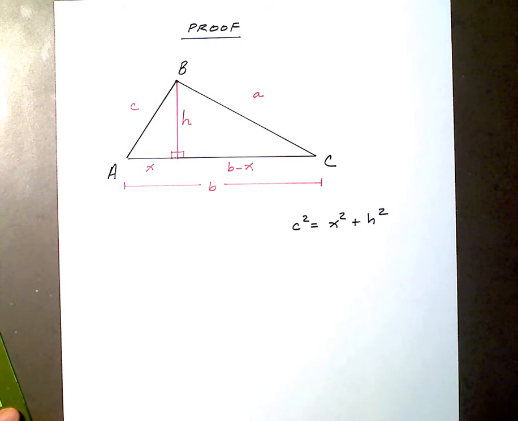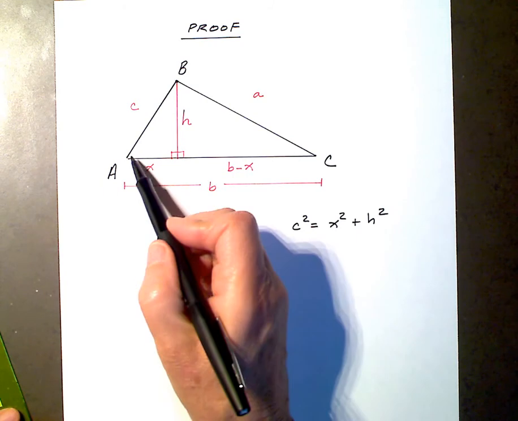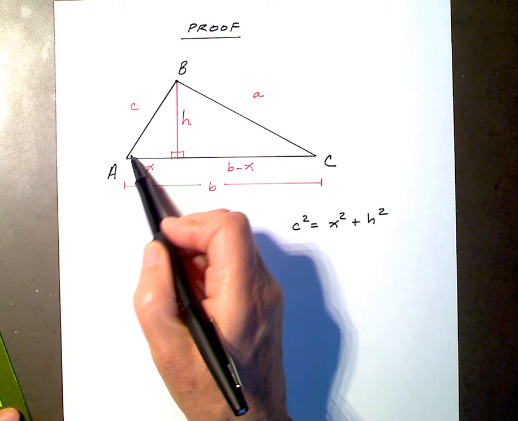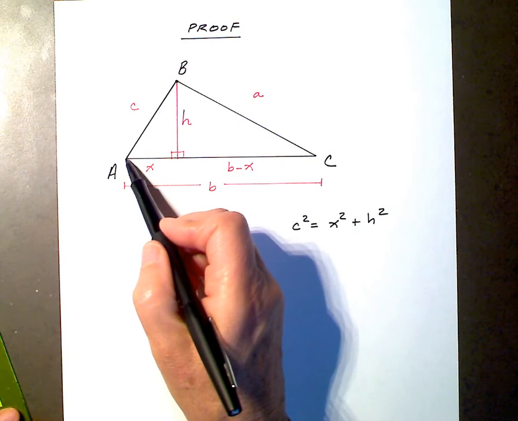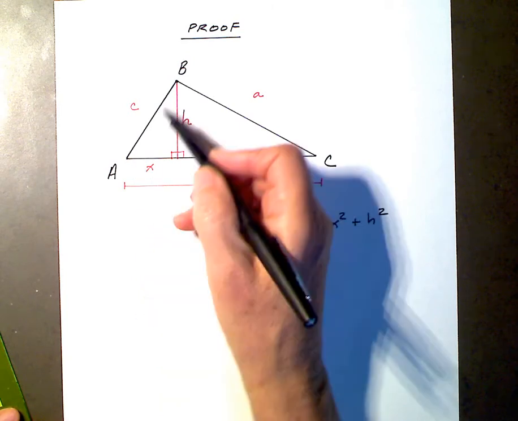Then the second thing I want to note, and we'll save for later, is if I look at angle A, the cosine of angle A would be adjacent over hypotenuse, or x over c.